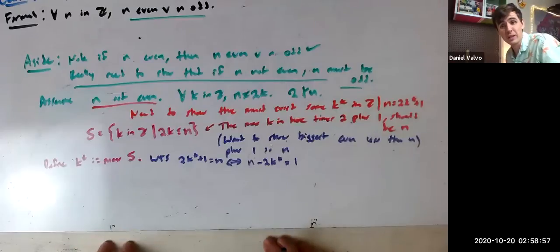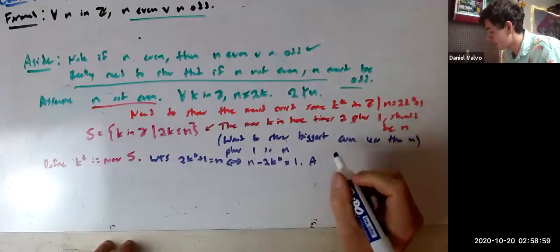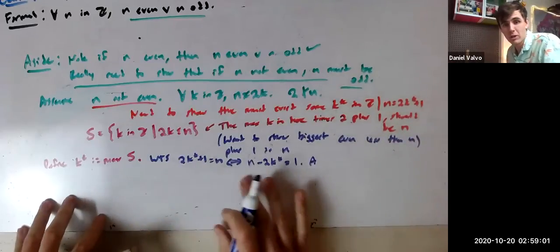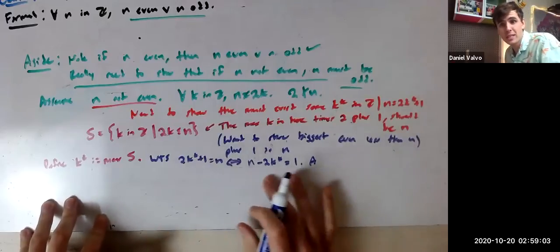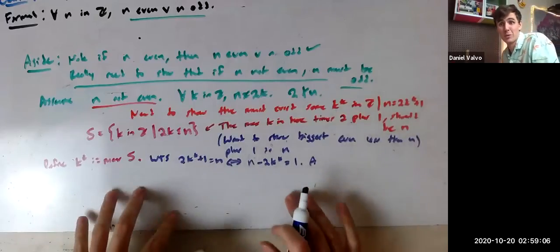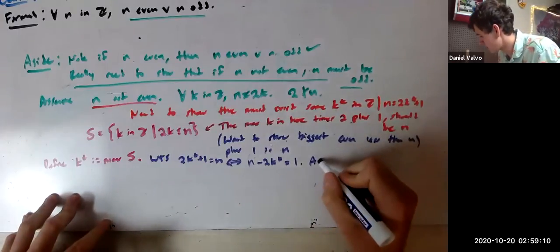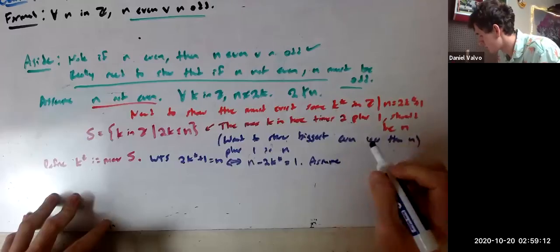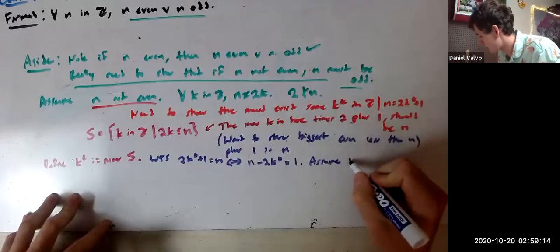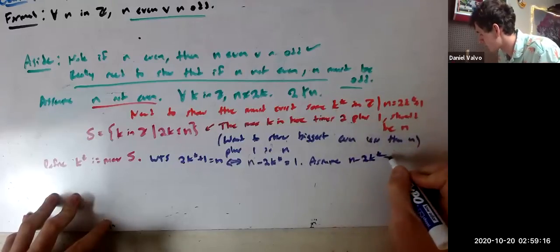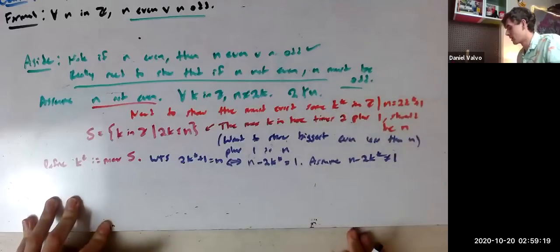Let's prove this by contradiction. This little claim right here is what we're going to use a contradiction proof on. So let's assume the opposite. Assume that n minus 2k star does not equal 1.